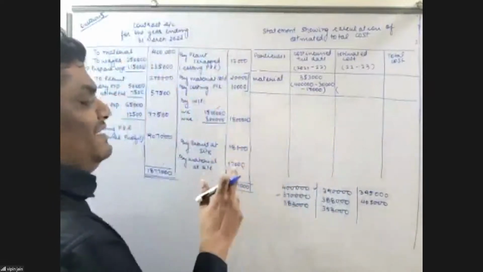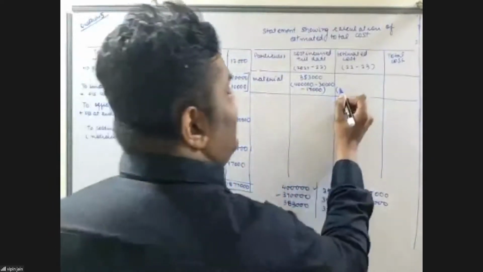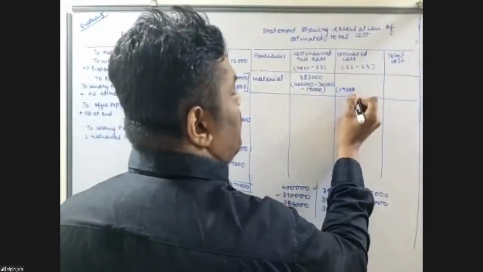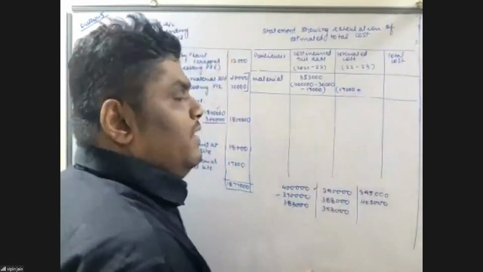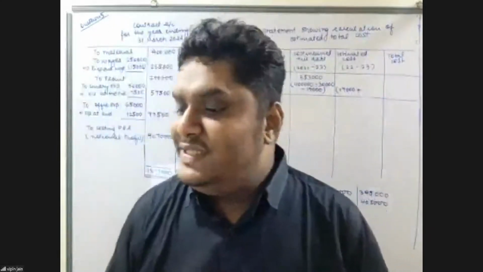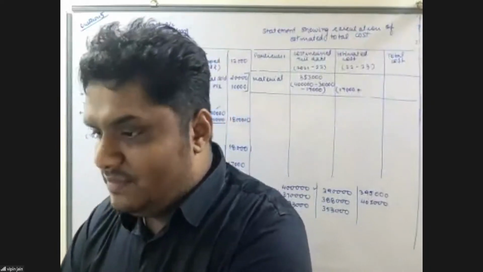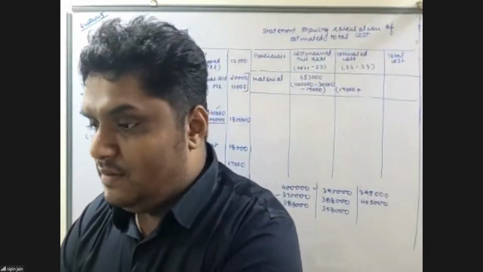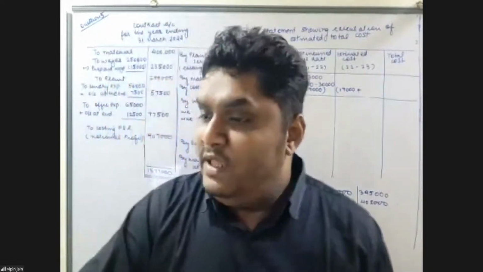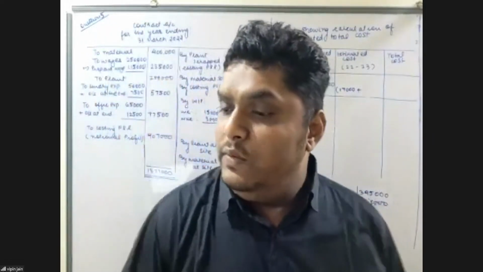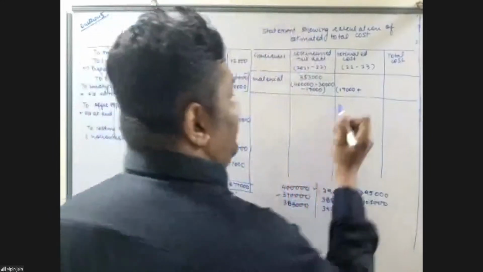The material that is left out at site is 17,000. And further material cost that is incurred in 22-23 is 3,50,000.